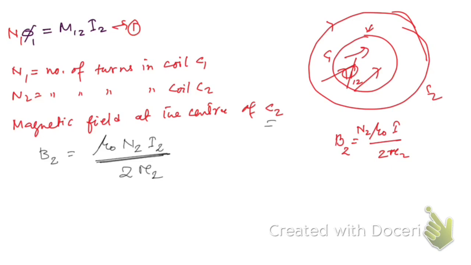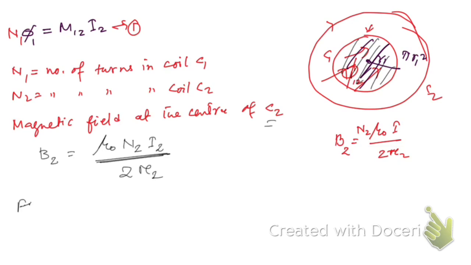And so we need to find the flux through this inner coil. If the radius of the inner coil is R1, its area of cross section is pi R1 square, and we know magnetic flux.